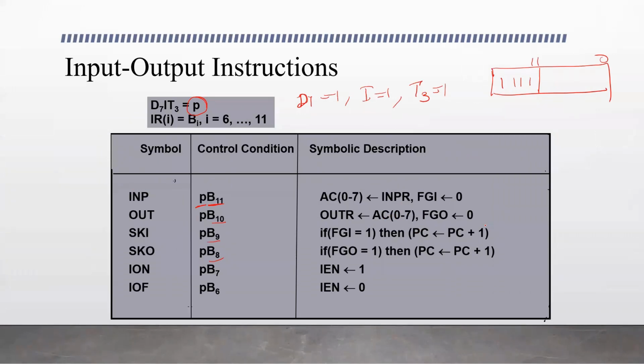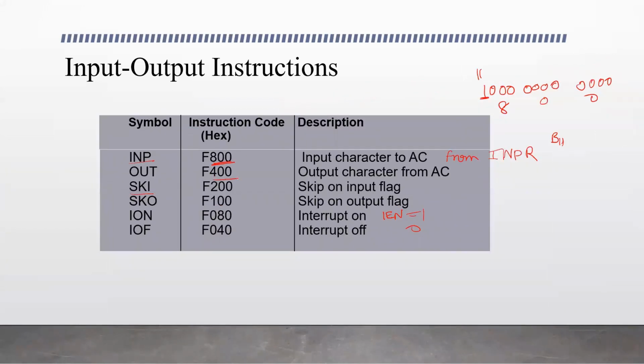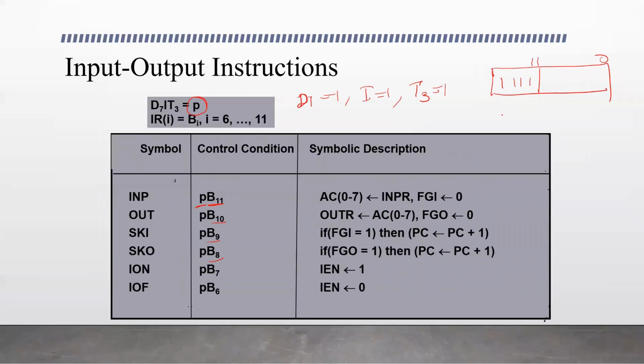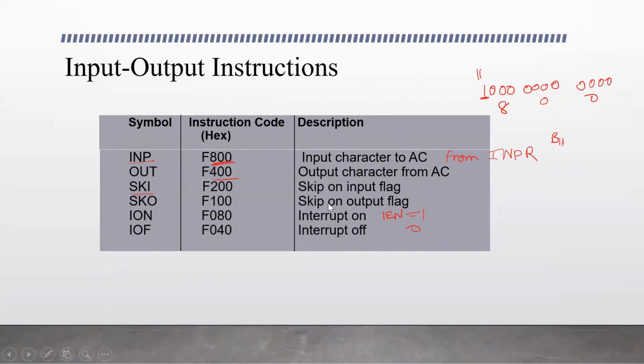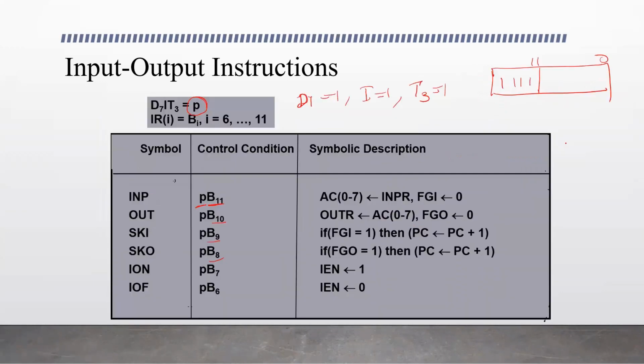The next case is F400 in hexadecimal code. The binary equivalent of 4 is 0100, then all zeros. So the bit that is set to 1 is the 10th bit, so i is 10 and we write B10.